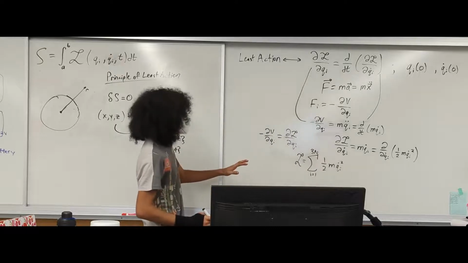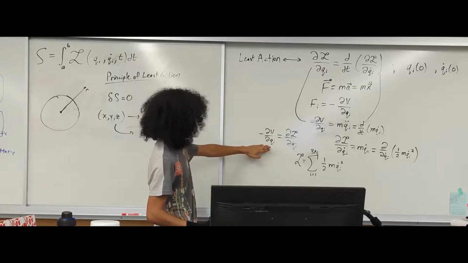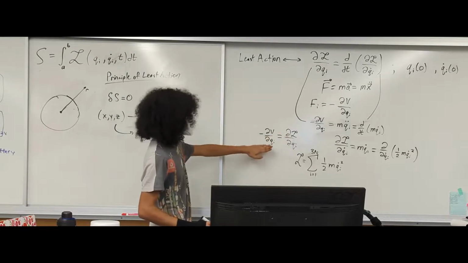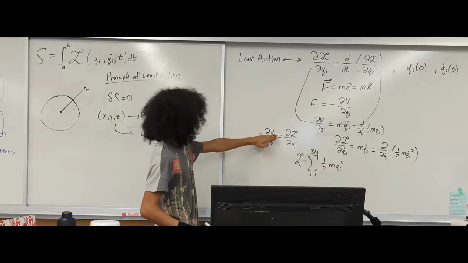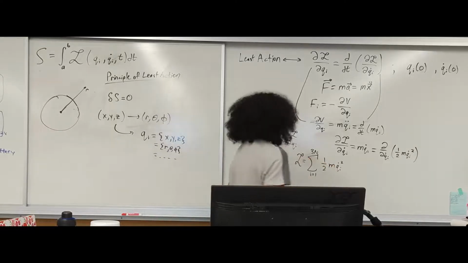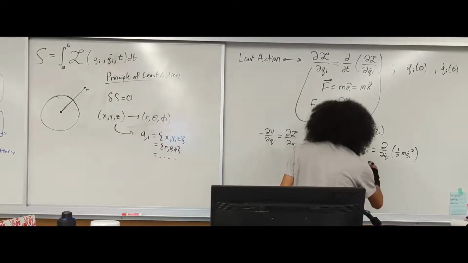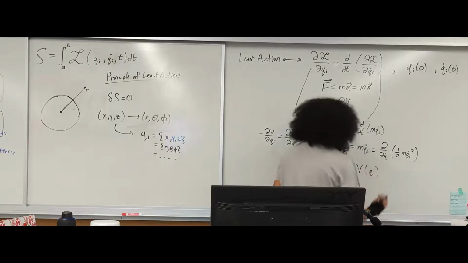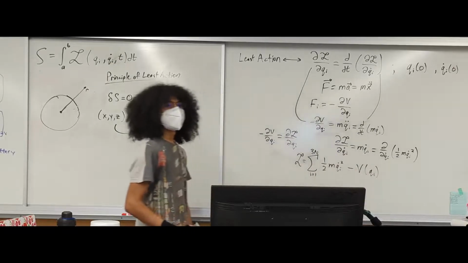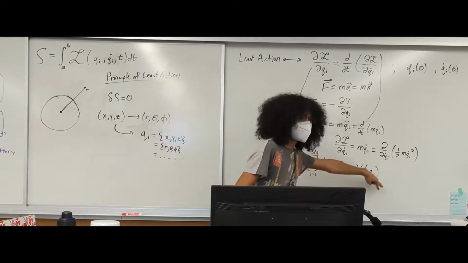And then I could have the position dependence in the Lagrangian be from the potential energy. So this is going to be outside the sum, but I want to subtract the potential energy, which could depend on all of these generalized coordinates, right? So I'm just saying it would be like q1, q2, q3, all the way up.